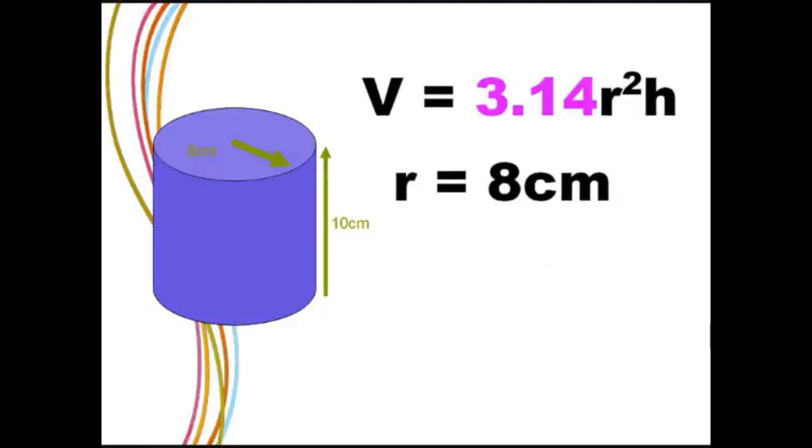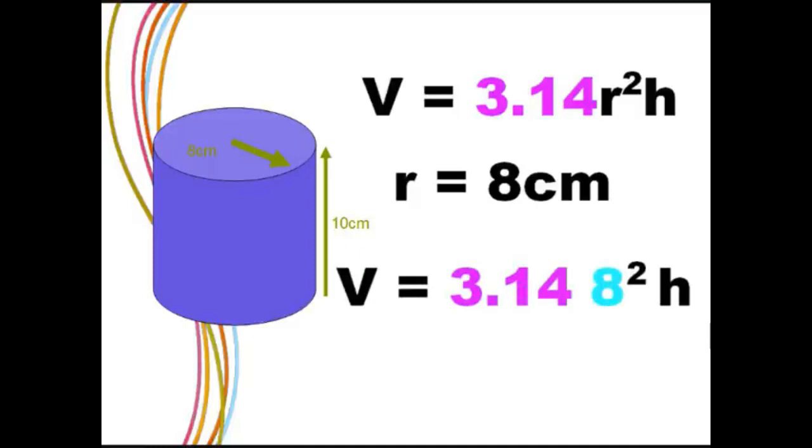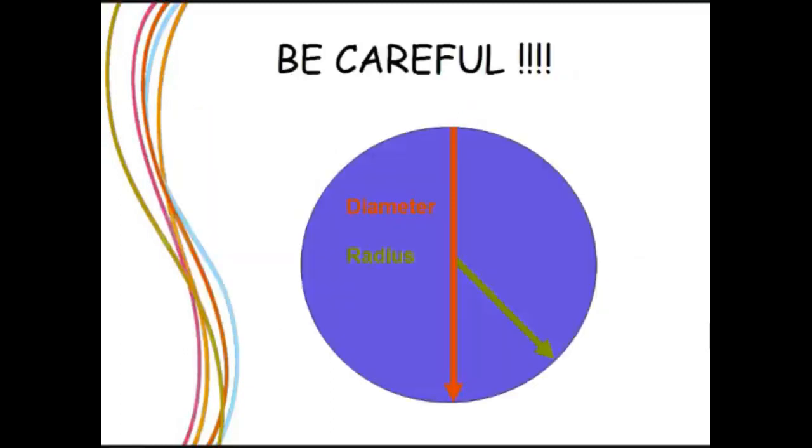We can next substitute the R for the radius. The formula now reads V equals 3.14 times 8 squared times the height. Be careful. In some diagrams the diameter is given, in which case you would need to halve it to find the radius.